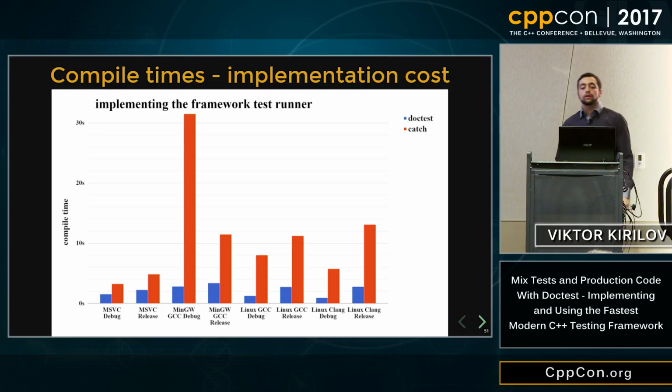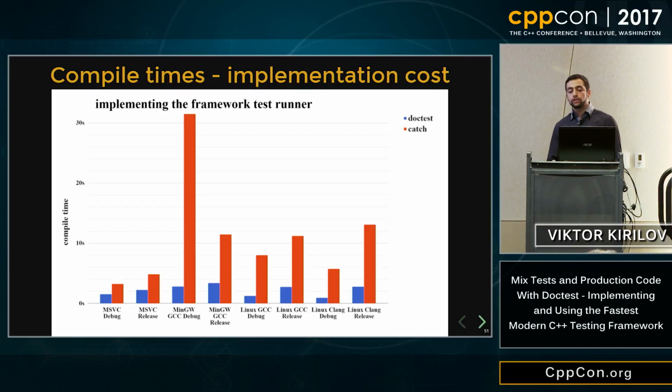So let's talk about the cost when you include the header and you also implement the framework. Again, Doctest is faster to compile than Catch, but I don't consider this important because this is done in only one source file. You instantiate the test runner and you compile it only once, and in all of the other source files you have in your project, you use the interface, not the test runner. You don't compile the test runner everywhere.